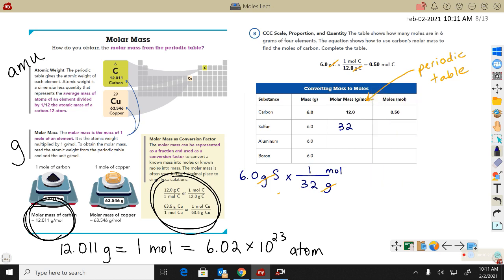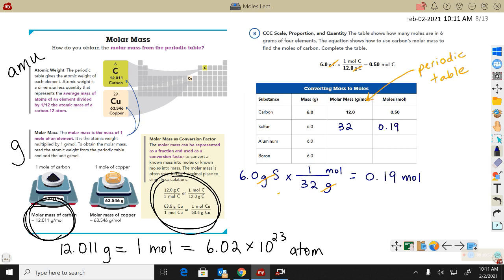So if I go 6 divided by 32, I'm looking at about 0.19, and now that would be in moles. My first number was 6.0. It had 2 digits, so I'm just going to leave 2. And we'd say 0.19 moles.